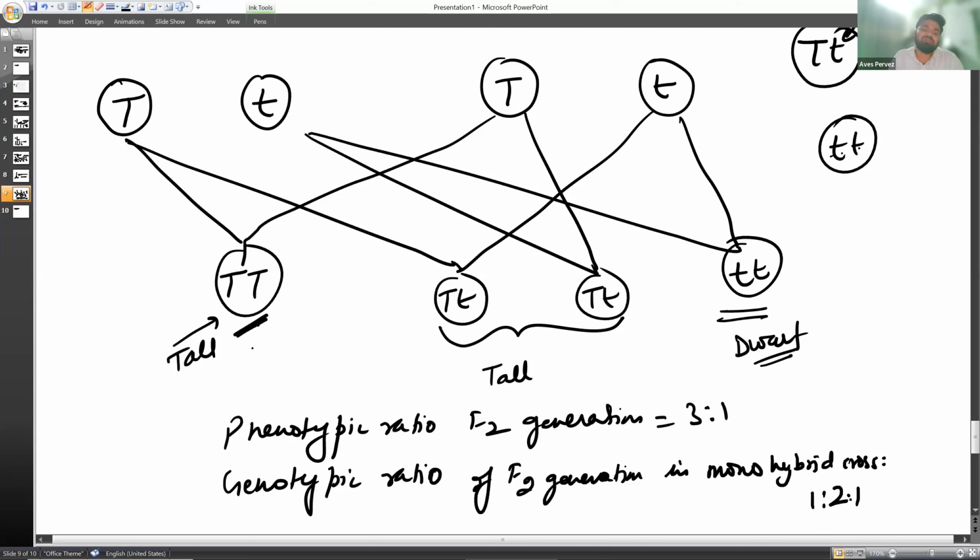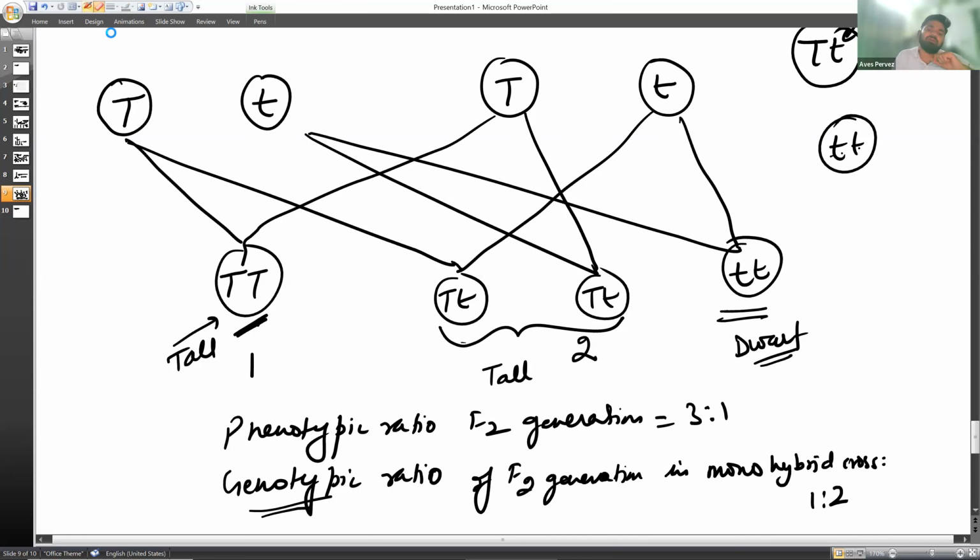This one is 1, and these two are the same, so that's why 2. So this is the genotypic, at the gene level: capital T, small t, small t. This is the genotypic ratio of 1:2:1, and the phenotypic ratio is 3:1.